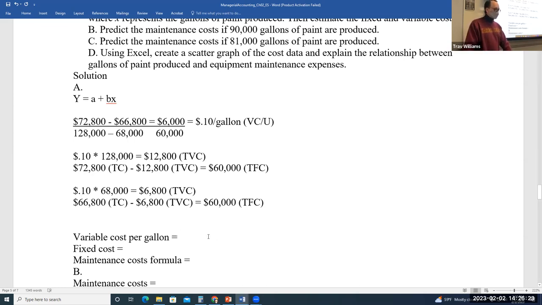So what is our variable cost per gallon? 10 cents. What is our fixed costs? 60,000. And what is our maintenance costs formula? We'll start with total costs. Instead of calling it Y, I'll put TC for total costs equals what? 60,000 plus variable cost per unit times the number of units, right?